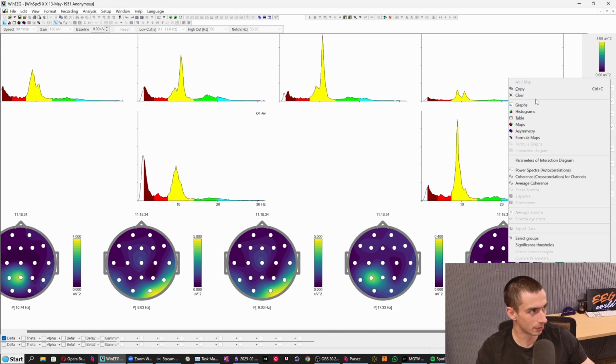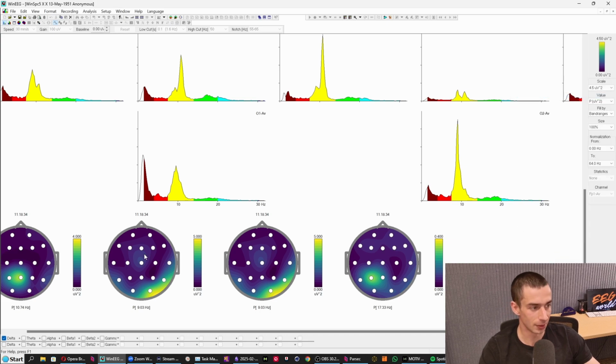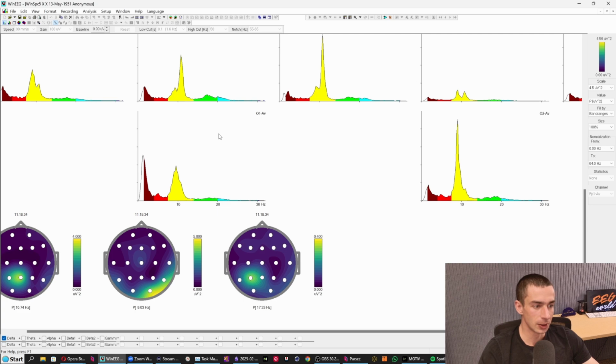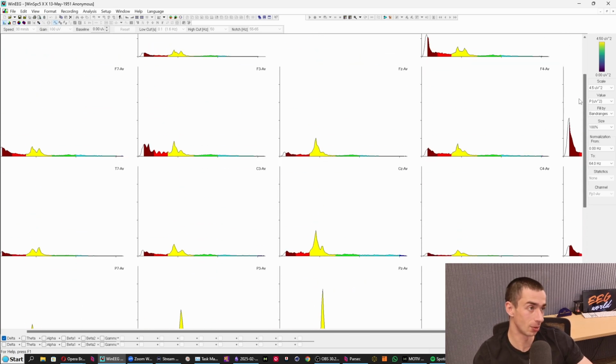We don't need this one, and we don't need this one either. So these are our significant findings, and lo and behold, the faster alpha and the beta stuff has found its way into the same electrode. And we're not getting that different of a picture than what we got in the eyes open, actually.